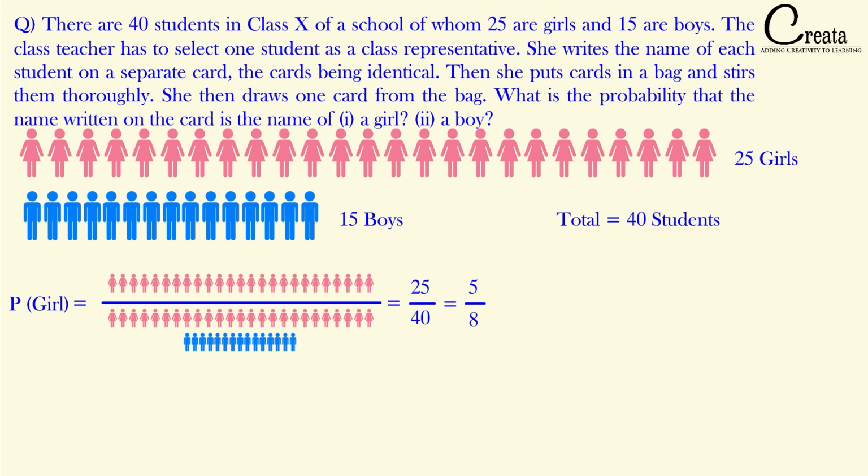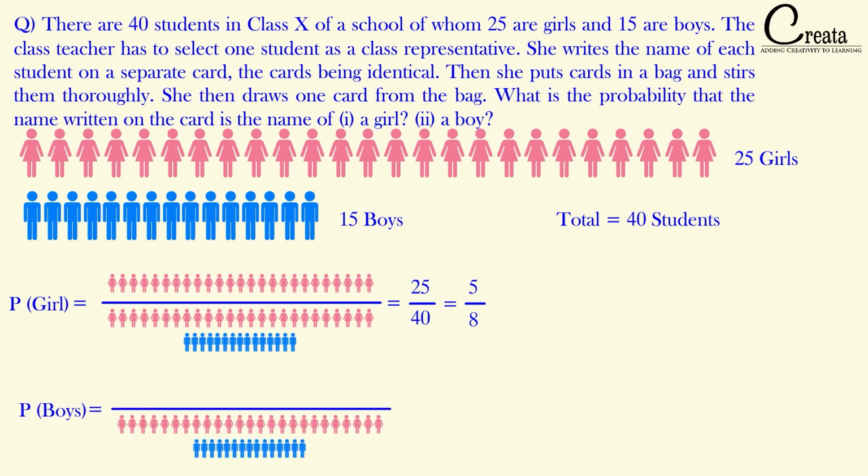Got it? And in the second case, what is the probability it is a boy? We have 15 boys, so our favorable outcome in the numerator will be 15 boys. So our answer is 15 over 40, that is 3 by 8. So we got 5 by 8 as the probability of girls and 3 by 8 as the probability of boys.